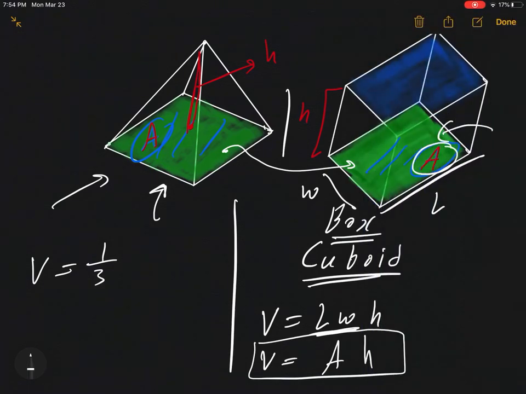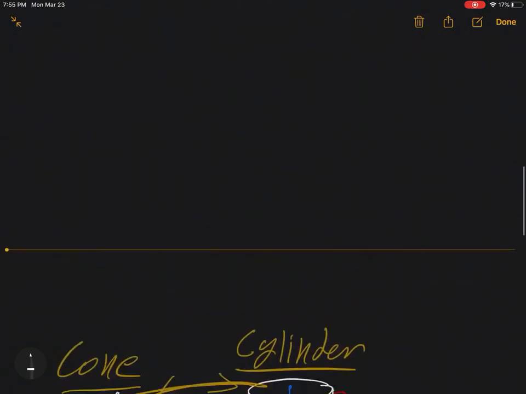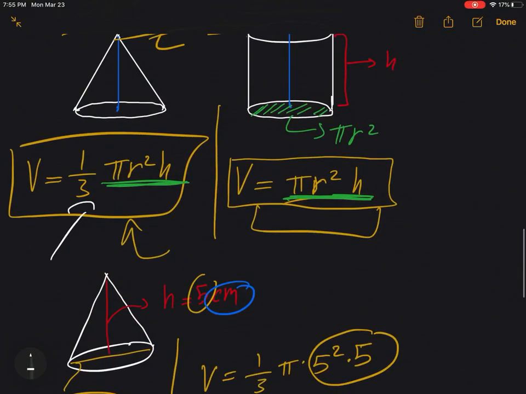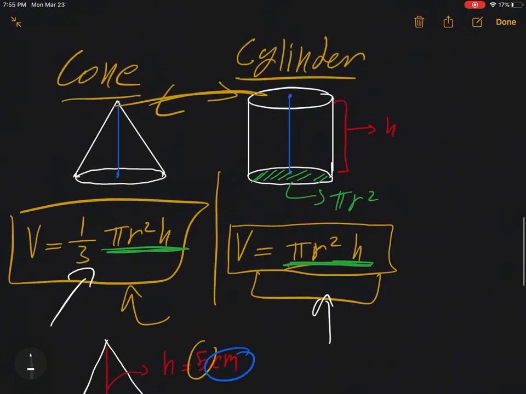The volume of the box is just the area of the base times the height, so the volume of the pyramid will be 1/3 times that. So whenever you have a box that contains a pyramid, the volume of the pyramid is just 1/3 of the volume of the box. Similarly, the volume of the cone is 1/3 of the volume of the cylinder.